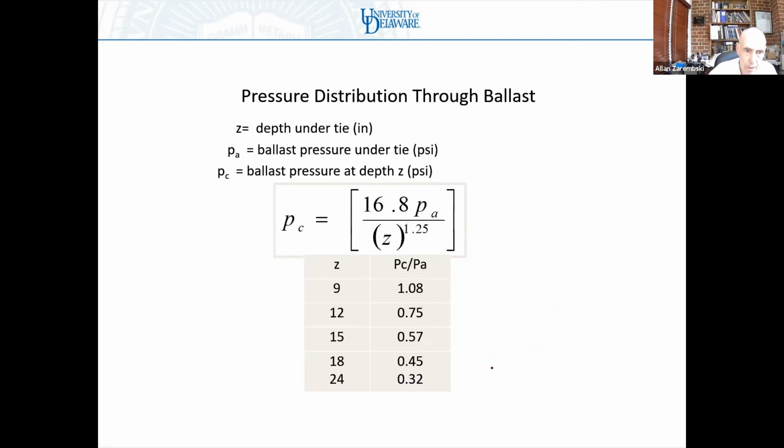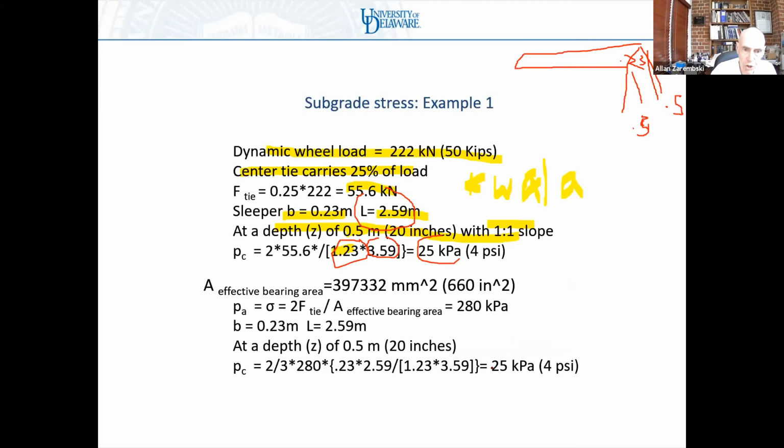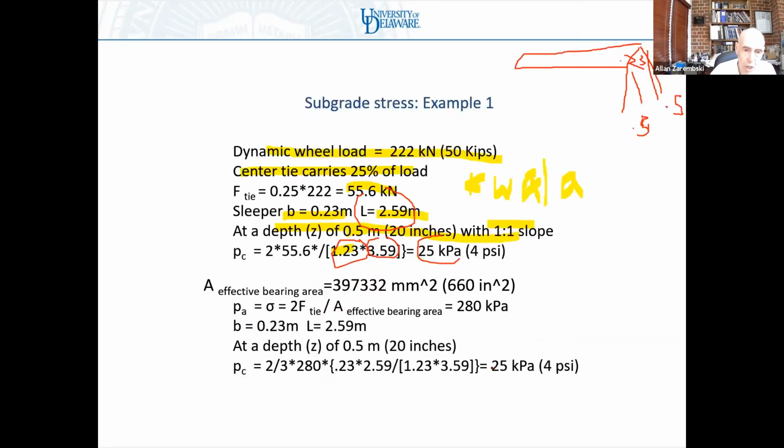And I have a question. Yeah. This empiric formula, it's for ballast 1-to-1 or 1-to-2? It's for any ballast layer. The 1-to-1 is an assumption you have to make, and it depends on the shear properties of the ballast.